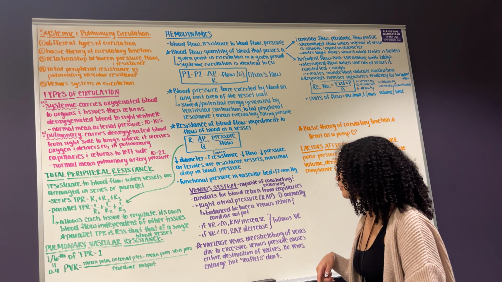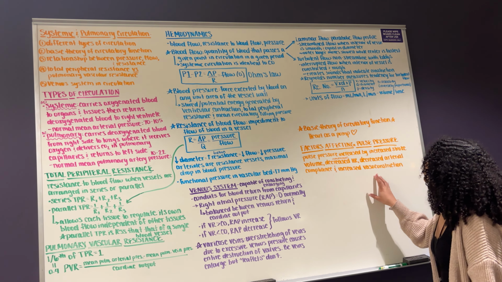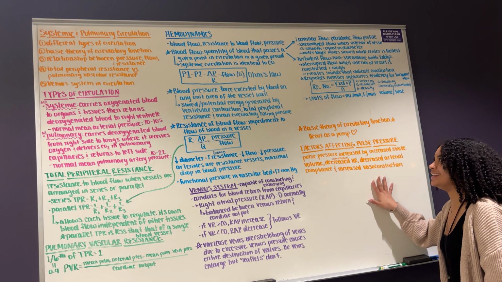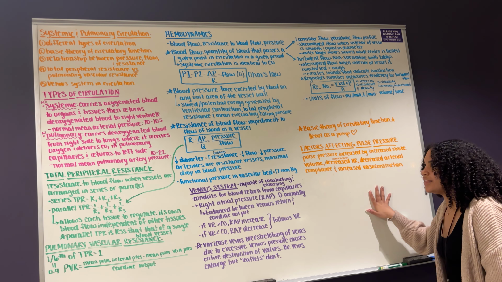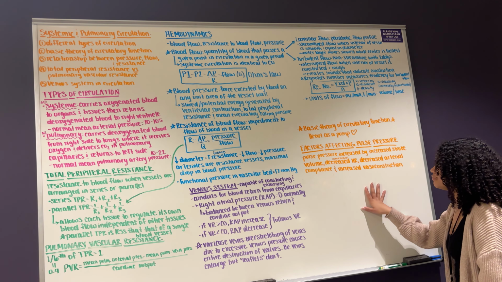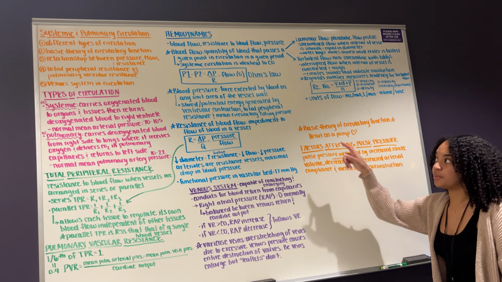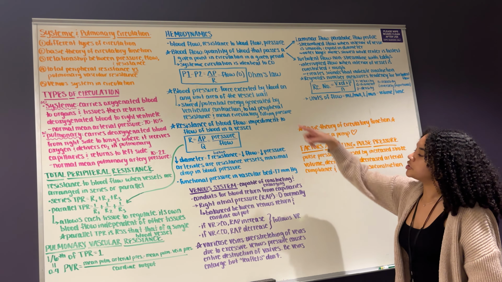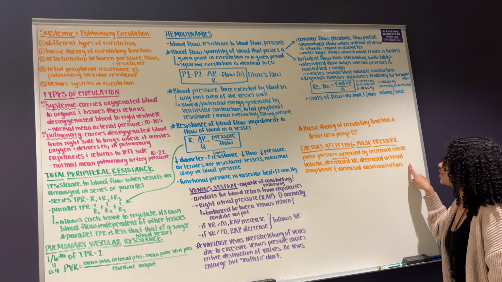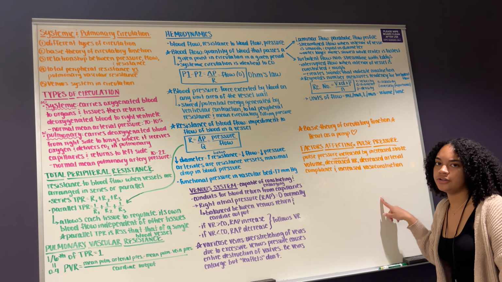And then these are some things that he said in class that he would be asking that weren't in the objectives, but I just wanted to touch base on this: what are the things that are going to affect your pulse pressure? So you can imagine that if you increase your volume, you're going to increase pressure.